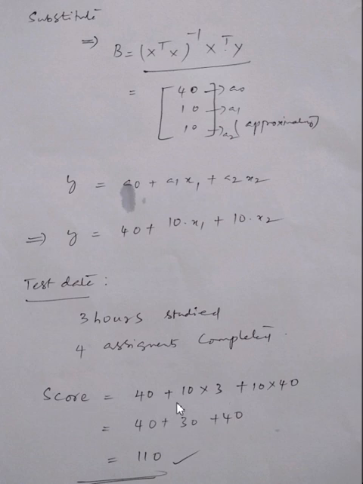Score is equal to a0 plus a1 into x1 plus a2 into x2. So 40 plus 10 into x1, where x1 is 3, plus 10 into x2, where x2 is 4. By mistake it was written as 10 into 40, but it is 10 into 4. Now it becomes 40 plus 30 plus 40, which is 110.